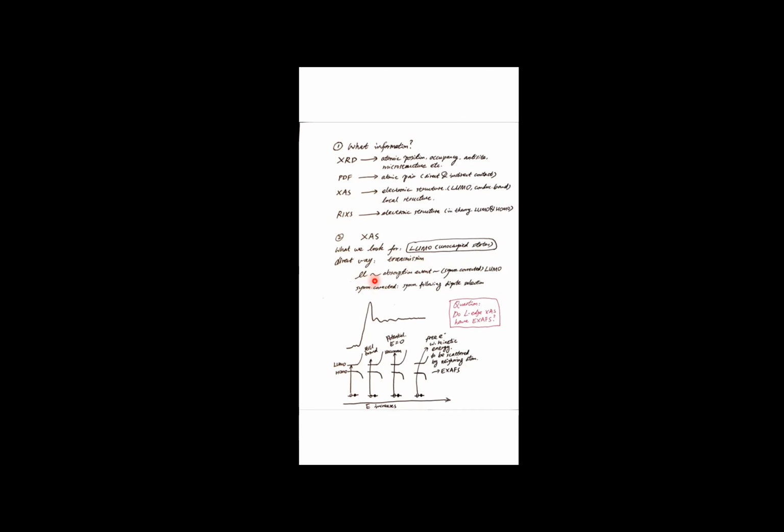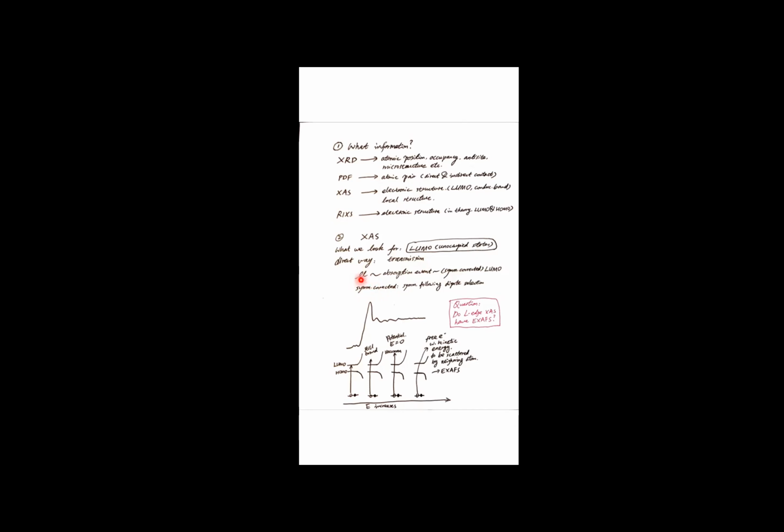In the transmission mode, we have this kind of correlation, which is valid. So we measure the absorption coefficient. So this is what we measure, right? To be more specific, we measure the current in the ion chamber after the transmission and before the transmission, right? And we get the absorption coefficient.